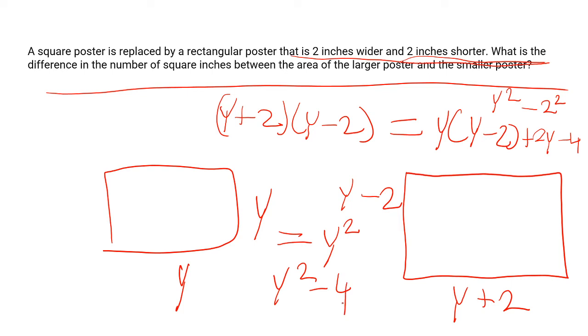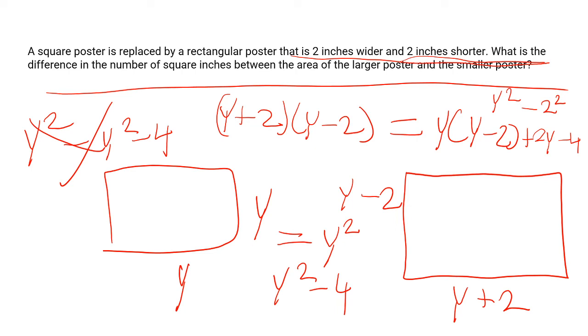And we're finding the difference in the area of the larger and the smaller poster. So the square poster is y squared minus (y squared minus 4). And obviously the square poster is bigger because we're subtracting off 4 from the rectangular one. So the y squared terms cancel.